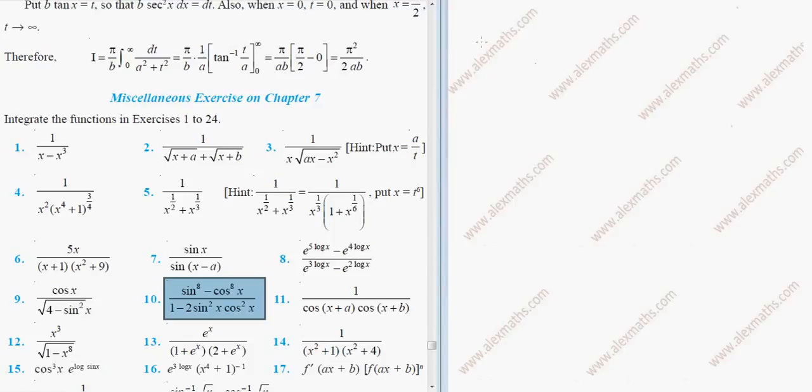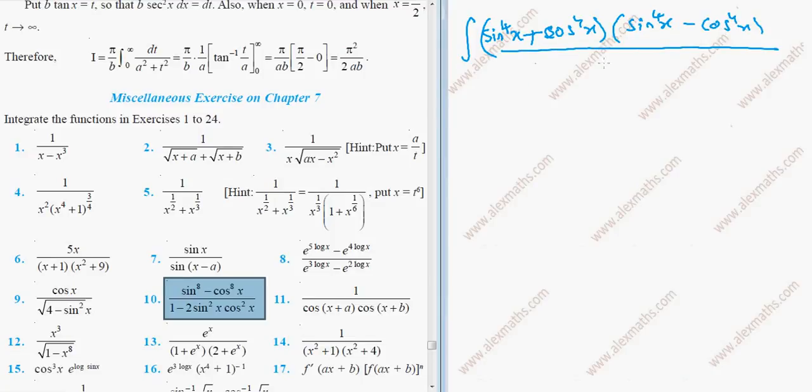Now see the rearrangement we are going to make here. I am going to factorize the numerator, that is sin power 8 is there, isn't it? Suppose if it is a power 8 minus b power 8, I can write it as a power 4 plus b power 4, then a power 4 minus b power 4, whole divided by, this one can be written as sin square x plus cos square x.